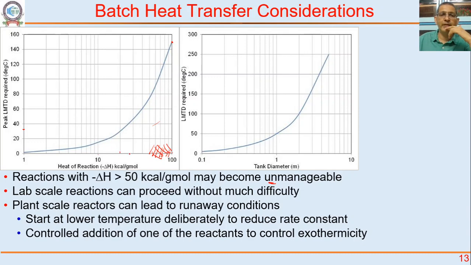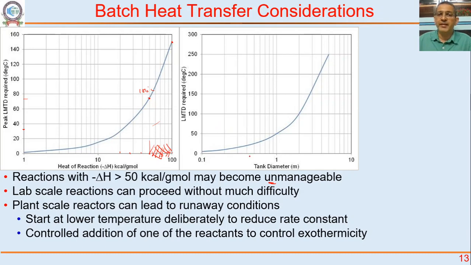This is 10, 20, 30, 40, 50. So that means here our delta T required is 70. So if cooling water is there, I can have my reaction temperature of 100. But if I don't have that delta T, then the temperature will rise because the heat removal rate will become less than the heat generation rate. We are going to do all these things even more now.